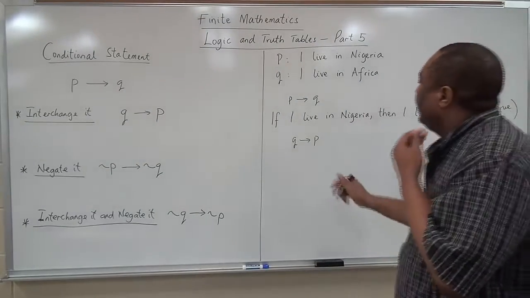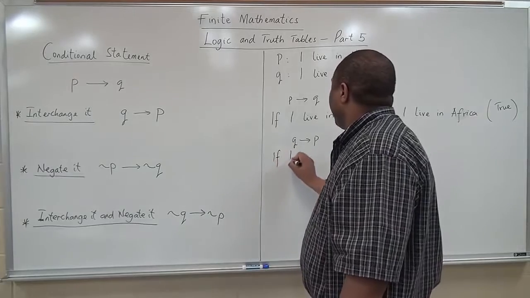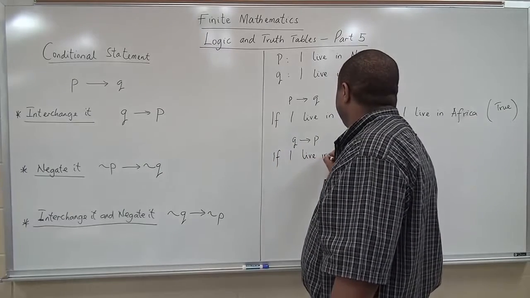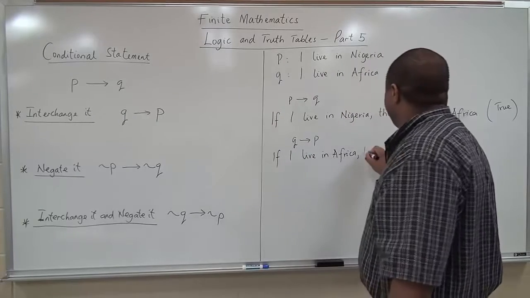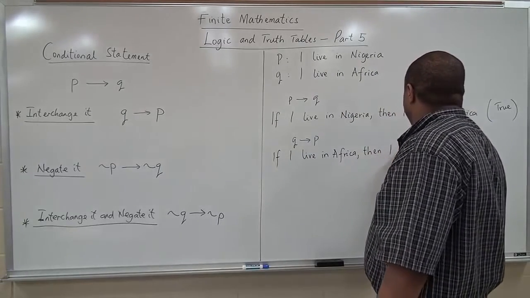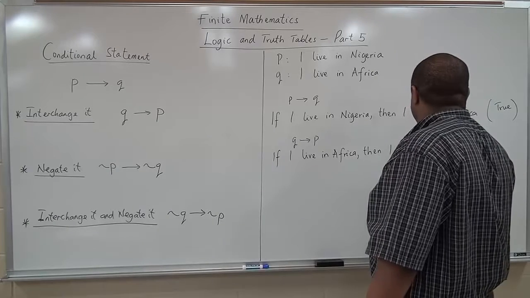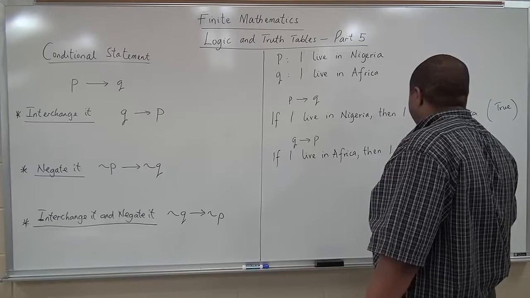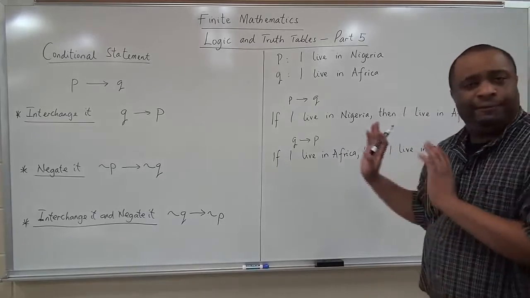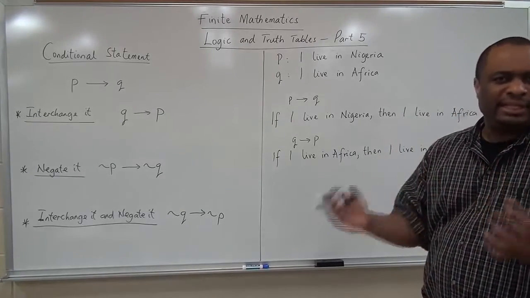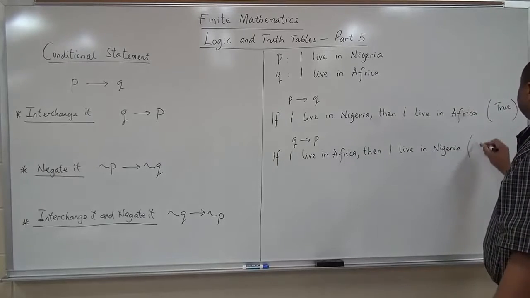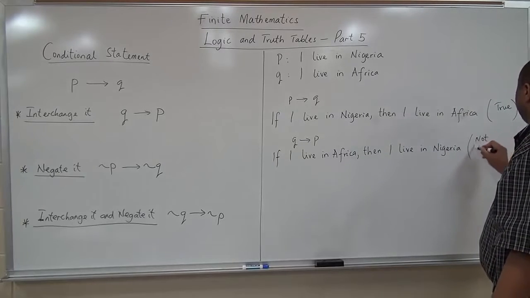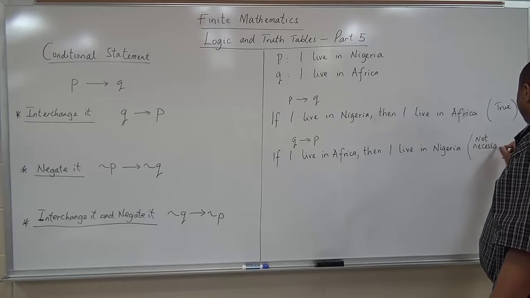Q implies P: if I live in Africa, then I live in Nigeria. Now, if you analyze this statement, it is not necessarily true.